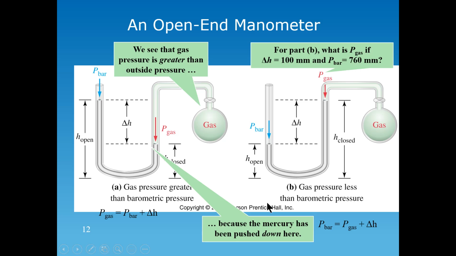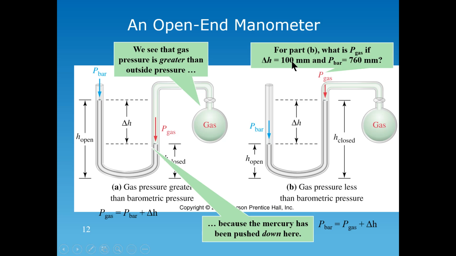So that's how we can calculate the pressure of the gas in the container, if we know the barometric pressure and delta H. But you have to be careful when using this equation as opposed to this equation, based on the two different situations right here, all right?